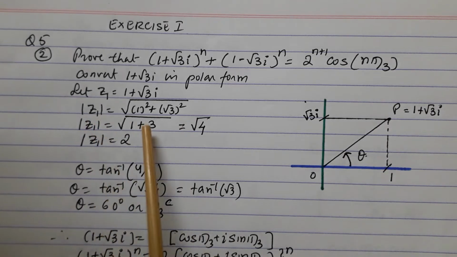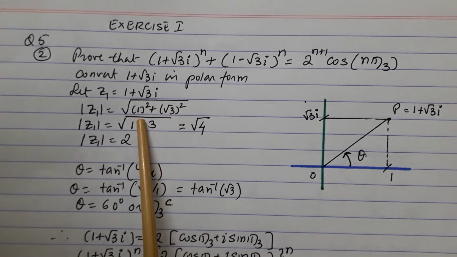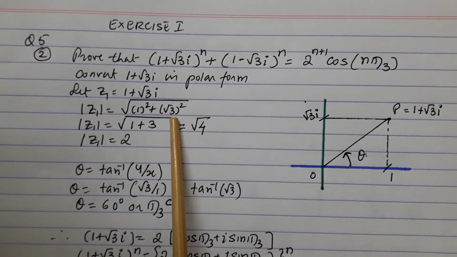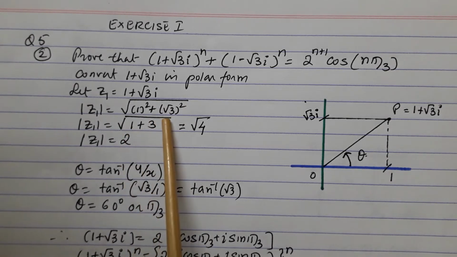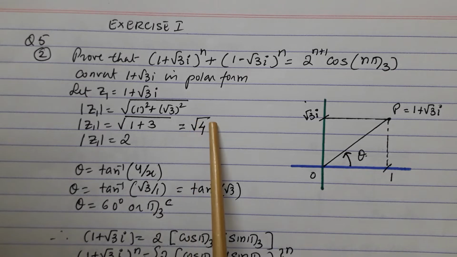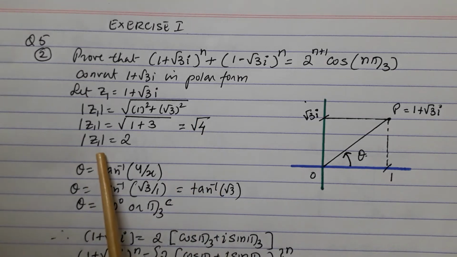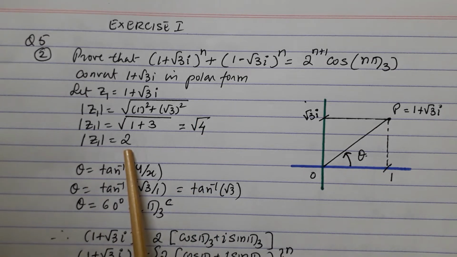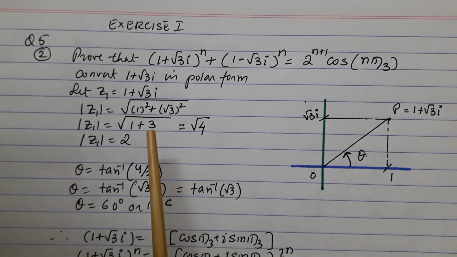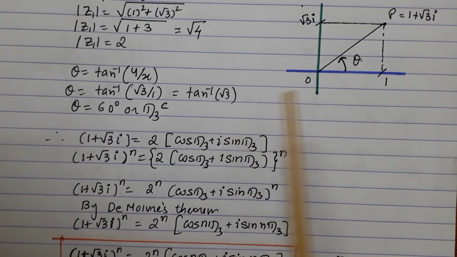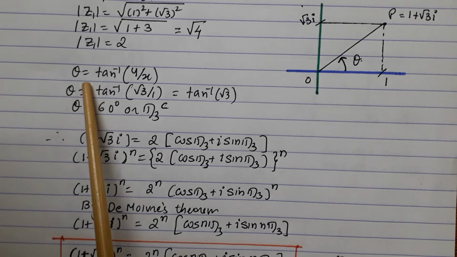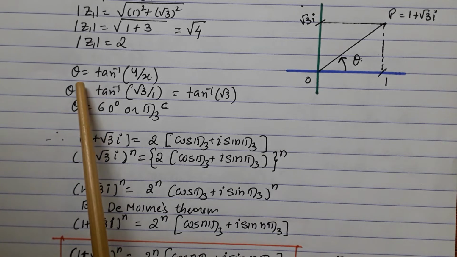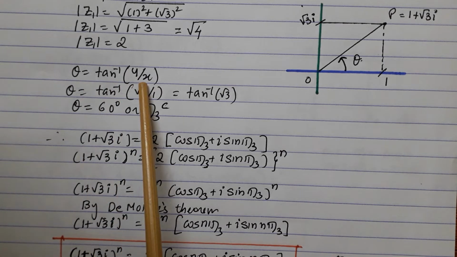So magnitude of Z1 is the square root of 1 squared plus √3 squared, which is the square root of 1 plus 3, which is the square root of 4. So magnitude of Z1 is 2. Now the argument. Theta is equal to tan inverse of y by x.